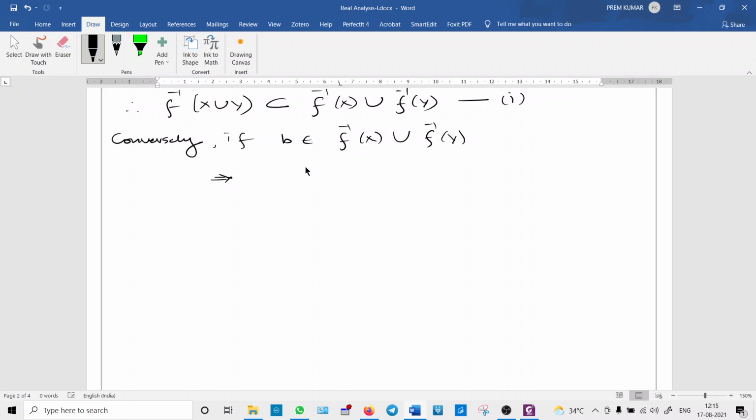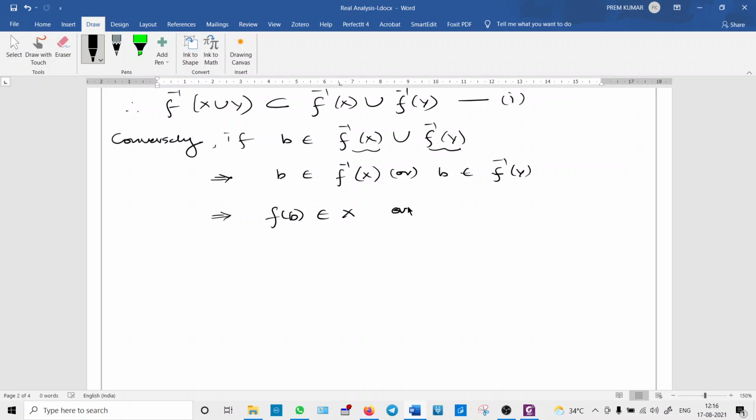It's a union of two sets. This is one set, this is the other set. If b is in a union of two sets, then b is an element of the first set, or b is an element of the second set, that is f inverse of Y, which implies if b is an element of the inverse image of X, then my f of b must belong to what?